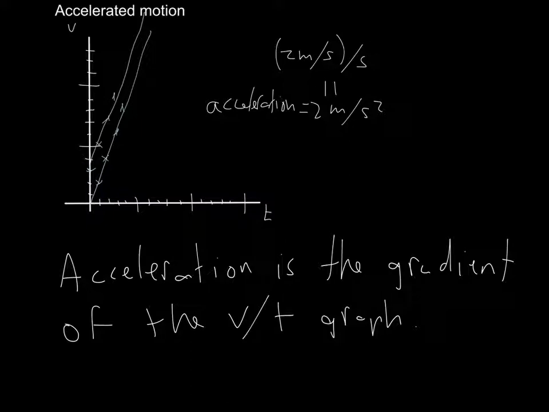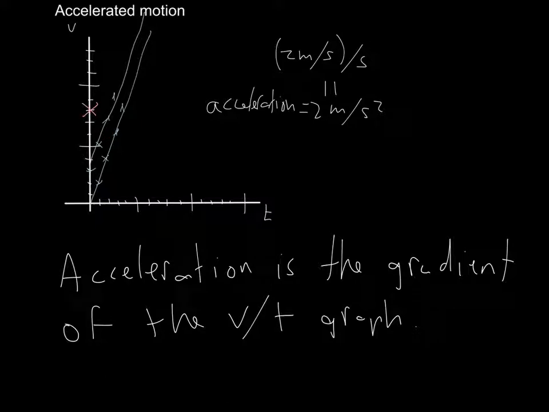Now, can I have something that has deceleration? Well, I certainly can. So for example, I could have a car that starts going at 8 meters per second, and let's just say that its velocity decreases by 1 every second. Well, after 1 second, it's only going at 7, then after 2 it's only going at 6, and so on and so on.